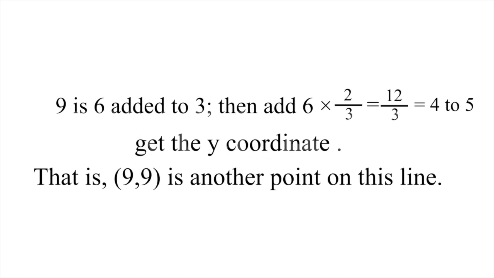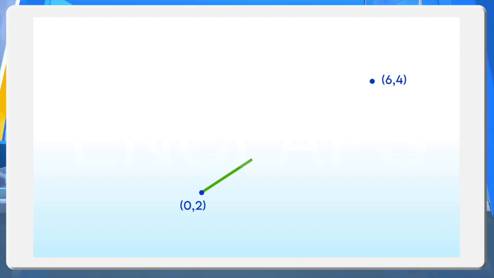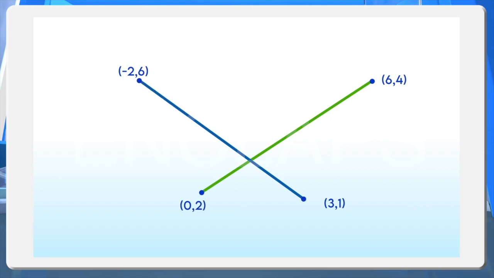Can the concept of slope also be used to find the position of the point where two lines intersect? We will see. For example, let's take the line joining 0, 2 and 6, 4 and the line joining 3, 1 and -2, 6. Let their point of intersection be x, y. There will be two lines.